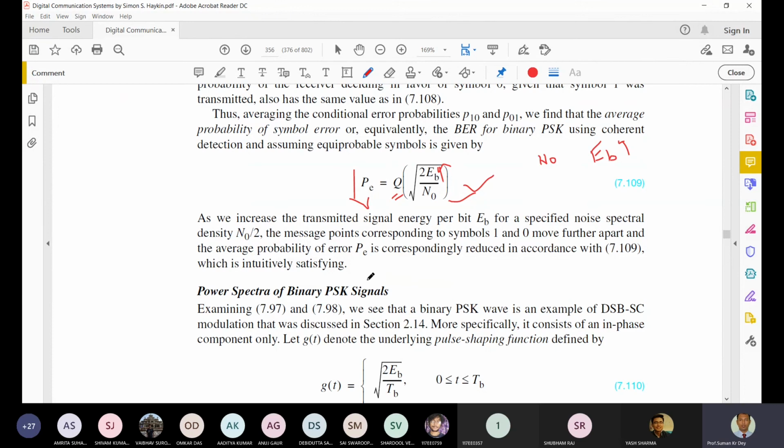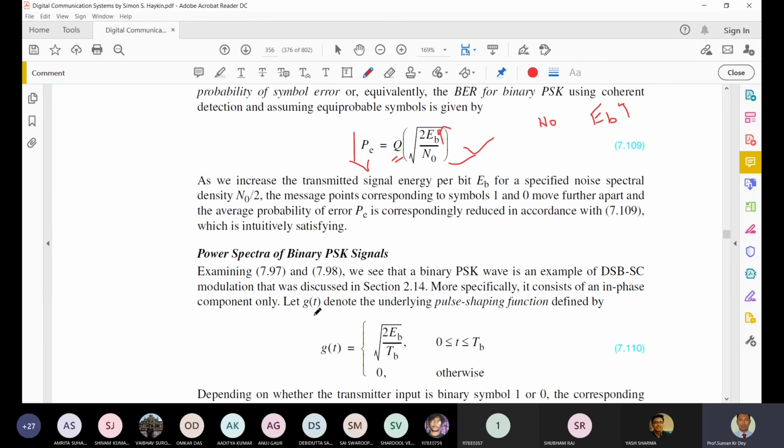Okay. So basically, if we denote the pulse shape of the BPSK signal by g(t), and g(t) is represented by this expression: square root of 2Eb by Tb when t belongs to 0 to Tb, and 0 otherwise.